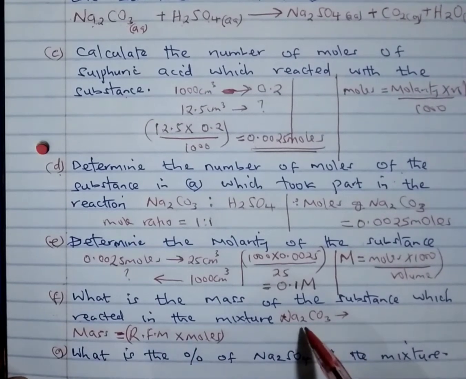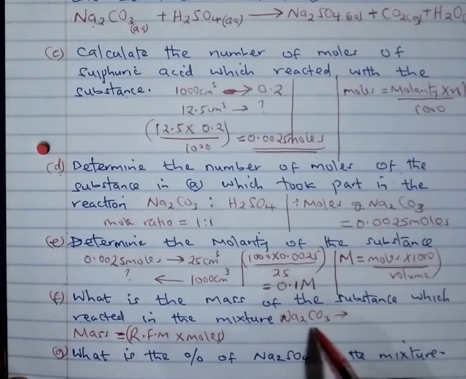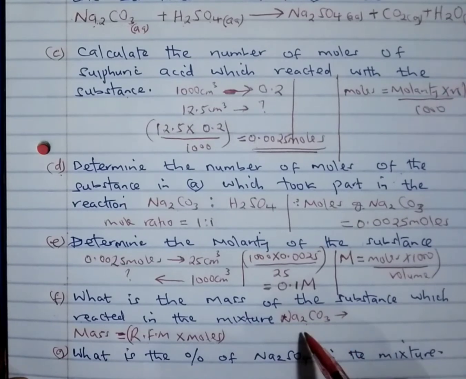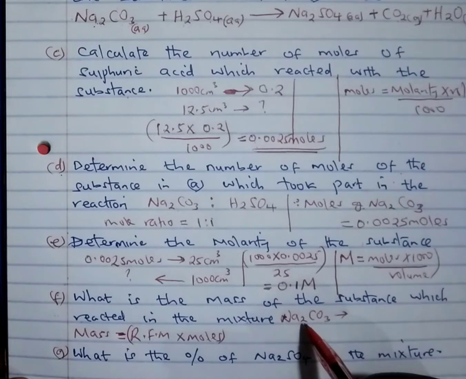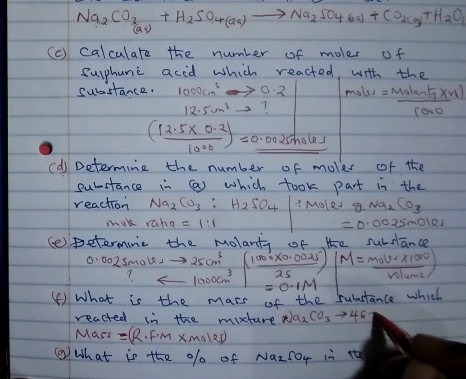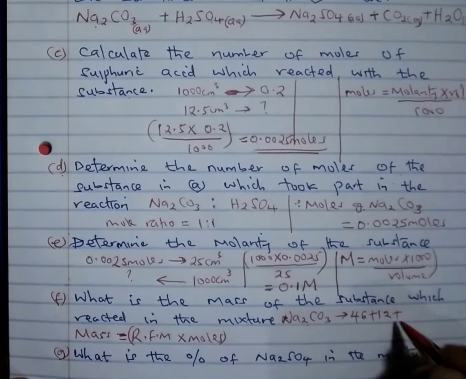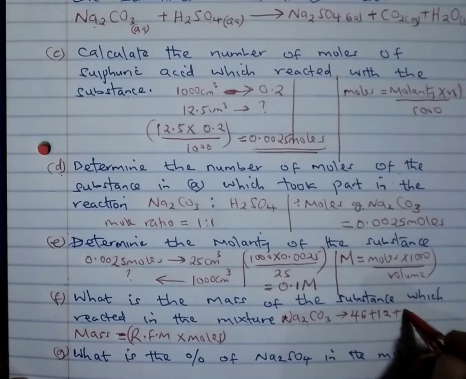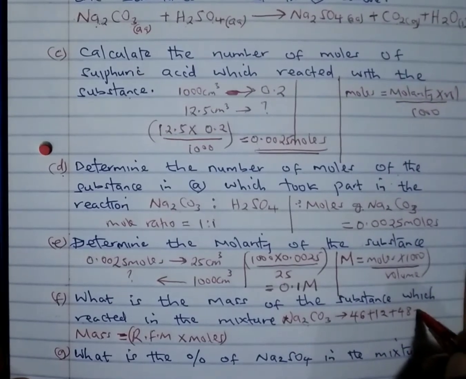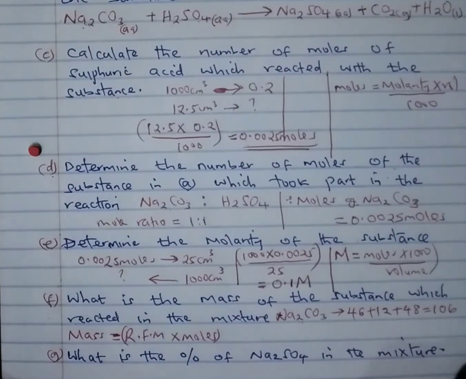In this case, to get the relative formula mass, we know we can get it from summing up all the relative atomic masses of the elements forming sodium carbonate. The relative atomic mass of sodium 23, you multiply by 2, you get 46, plus carbon is 12, plus oxygen is 16 times 3, you get 48, and this one is going to give us a total of 106.